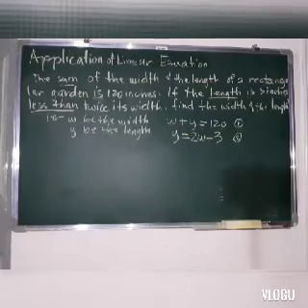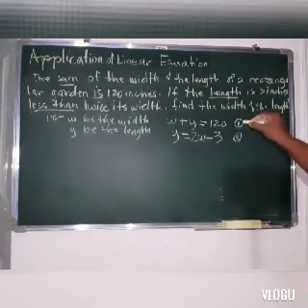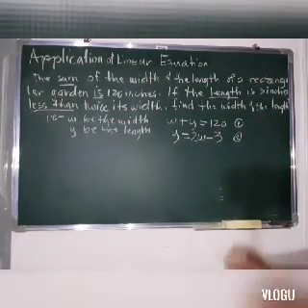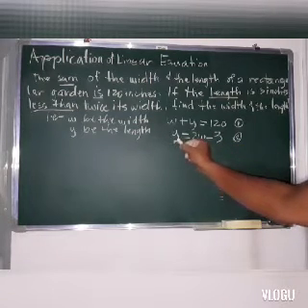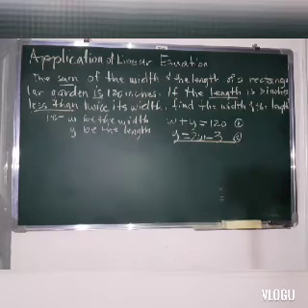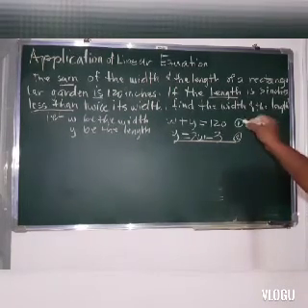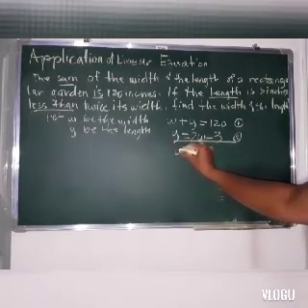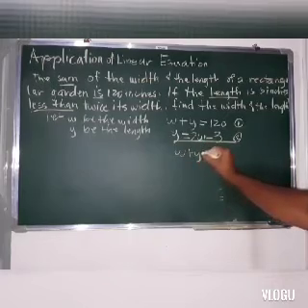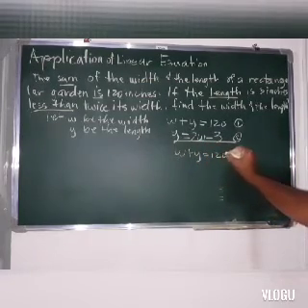Since we have already formed the 2 equations, then we will substitute now. Since equation number 2, isolate na si y, so gagamitin na lang natin siya to substitute from equation number 1. So copy equation number 1, W plus Y is equal to 120.